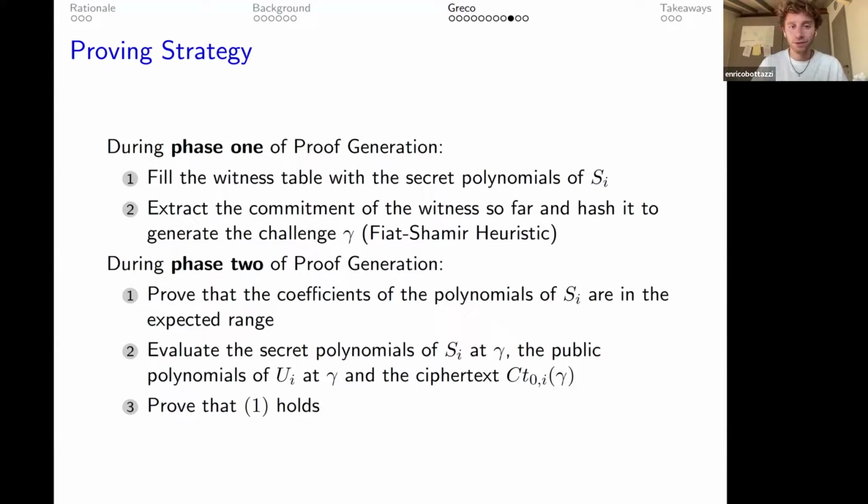As soon as a malicious prover is aware of the challenge, they can think, okay, now I can modify my polynomial such that the relation is true, even if it's not actually true. But as soon as they modify the secret polynomials, the challenge will change as well. So it's a kind of a spiral, and this is how we guarantee security in fetching the challenge inside the zk-SNARK.